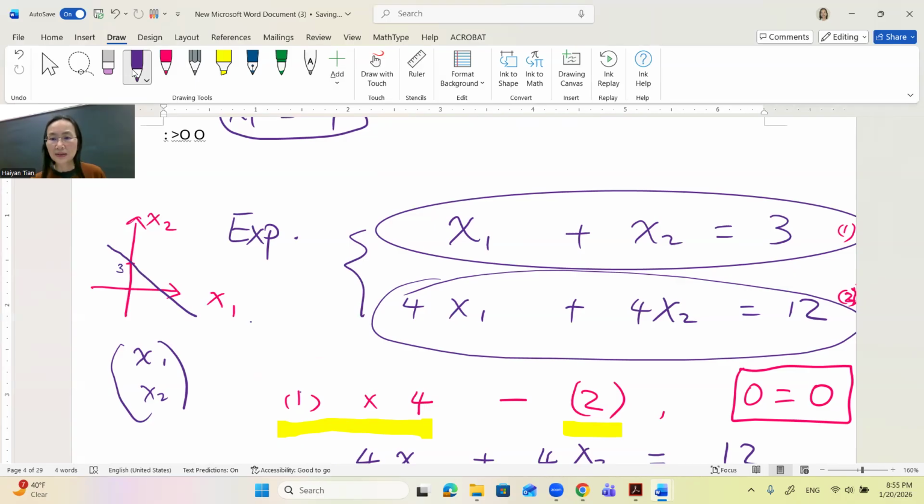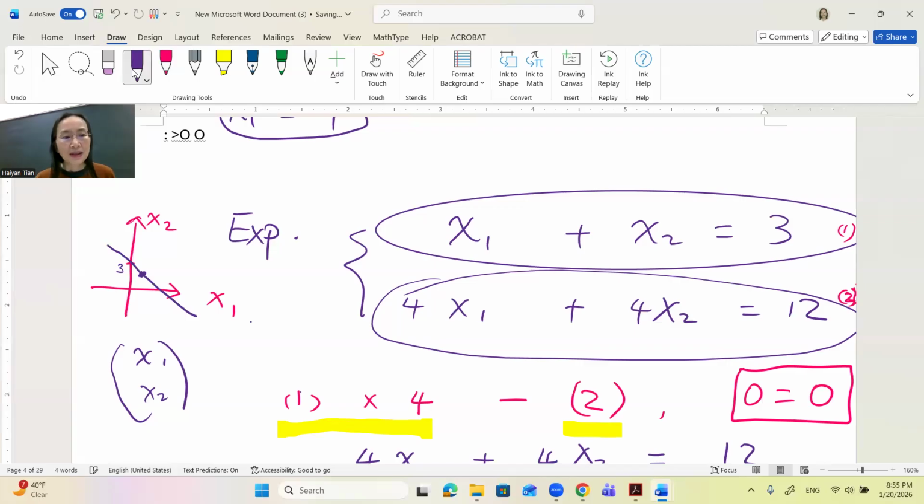And the second equation is exactly the same line. That means every point on the first equation, every point on this line, will be a point on the other line, because they're the same line.